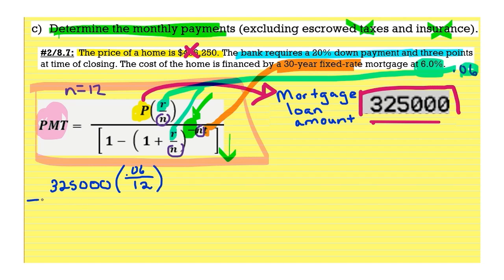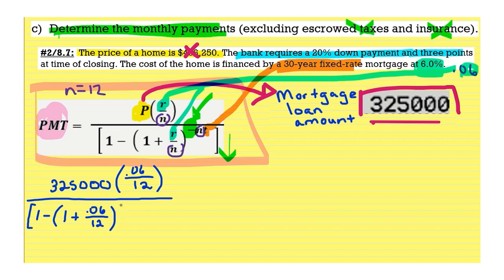Then we're going to go down to our denominator, and we got lots of brackets or braces. When I put it in the graphing calculator, I tend to just use parentheses, but if you can find the bracket on there, that's perfectly well too. So anyway, bracket 1, parentheses, 1 plus, again, we're going to use the same ratio, 0.06 interest rate divided by the number of payments we will make every year, which is 12 payments per year.